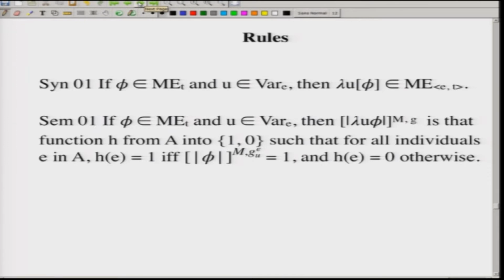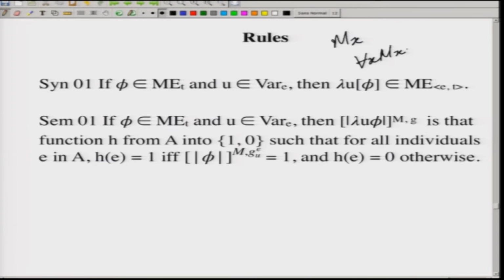It can be a formula, it can be, I don't know, anything like mx or all x mx or anything, and u is a variable of type E, then lambda u phi would belong to E to t. So, it sets the type for this operation. It does not talk about the semantics of it, which the second rule will do, but this will take care of the operation itself.